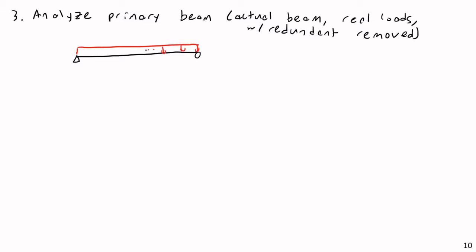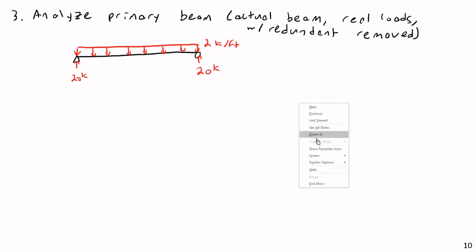I have a simply supported beam with a constant uniformly distributed load on it, 2 kips per foot, and we would have reactions of 20 kips and 20 kips on both sides, and then a deflected shape like so.